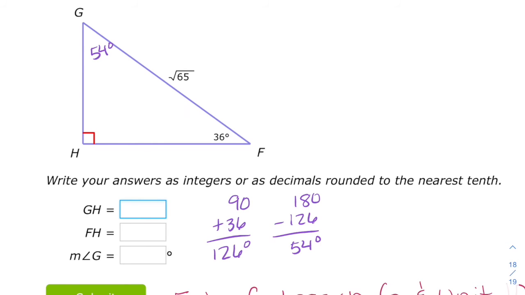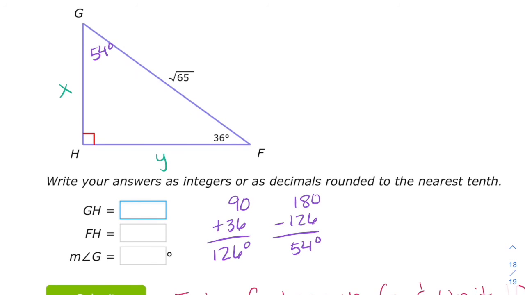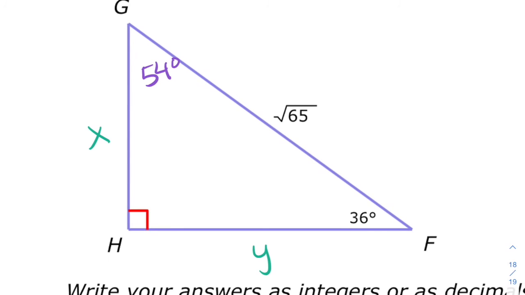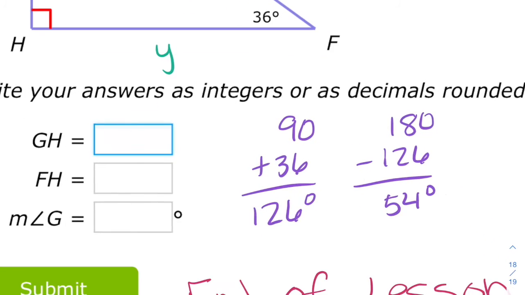Okay? Now the next one we're going to do, we need to find x and y. We are given a hypotenuse, so we're definitely going to have to use sine and cosine. We won't be able to use tangent, because remember what happened when I did tangent? You get two variables. So we don't want to do tangent.